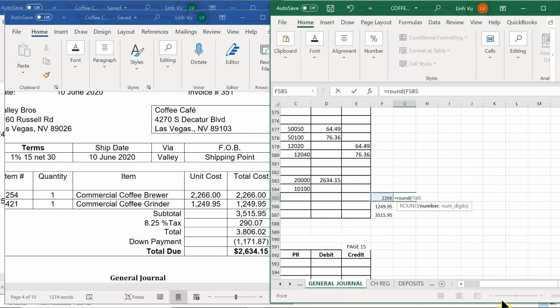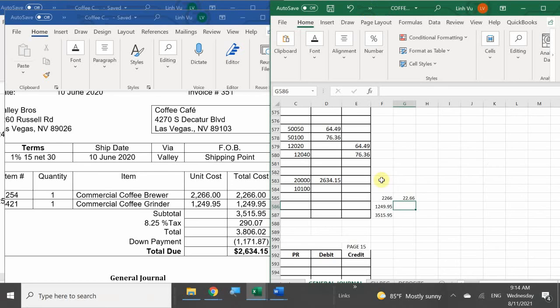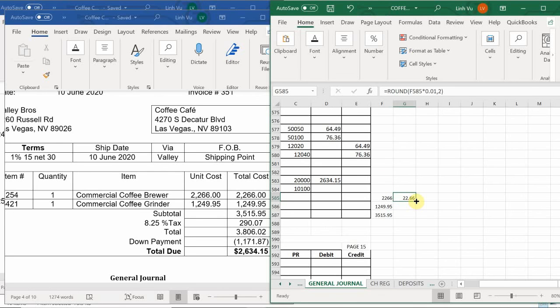So in this case, I get $22.66 and I get $12.50, which if I add these two up together, I'm going to put it down below. And if I were to take that 1% discount off the subtotal, you would have gotten the same exact amount.